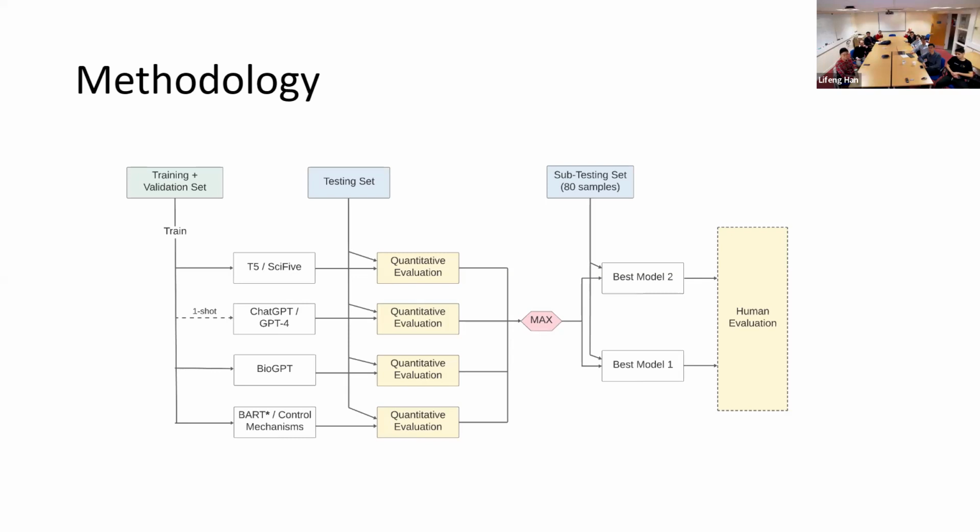So T5 and SciT5, Sam developed, and Nicolo tried ChatGPT, GPT-4, and a fine-tuned GPT model for our task. So we use train and validation data for these models, except for one-shot ChatGPT and GPT-4. And then after we deploy them on the testing set, we choose the two best performing models according to automatic scores. Then we carry out human evaluation. That is the general pipeline. Is it clear? Cool.